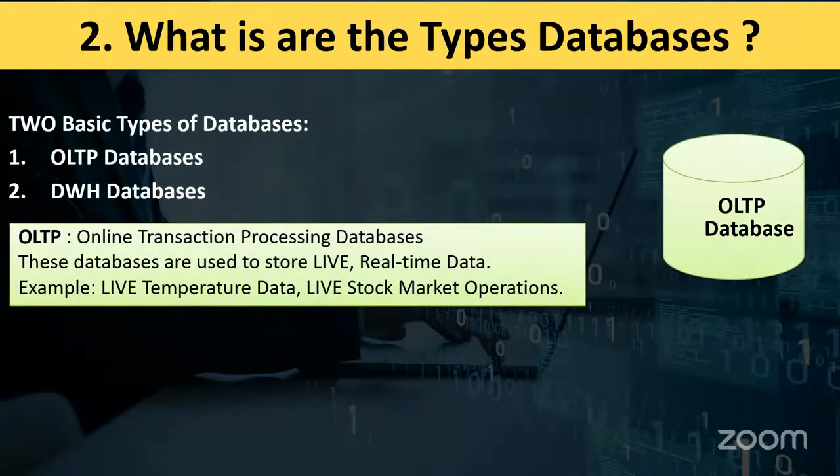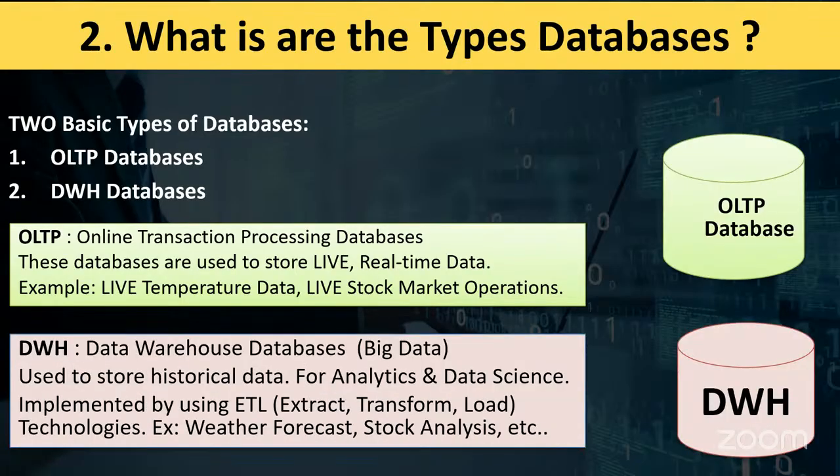We have OLTP to store live real-time data. For Databricks, we need something called a warehouse to store historical data for analytics and data science concepts. Why like this? Let's understand it slowly.